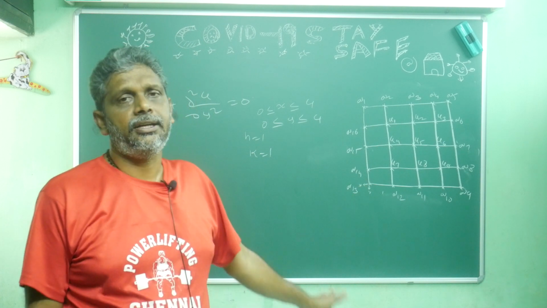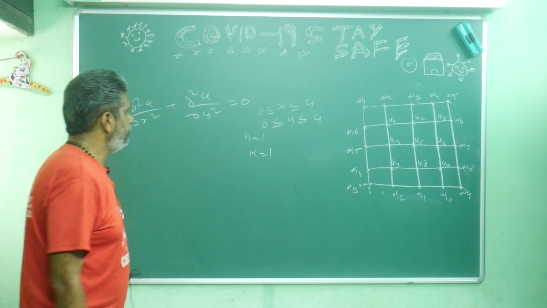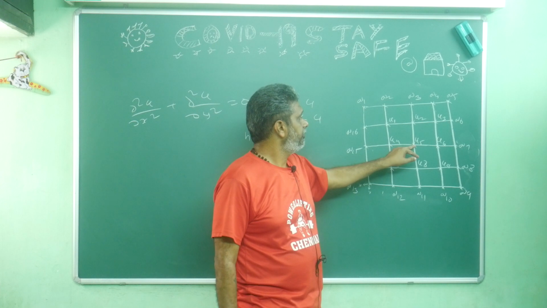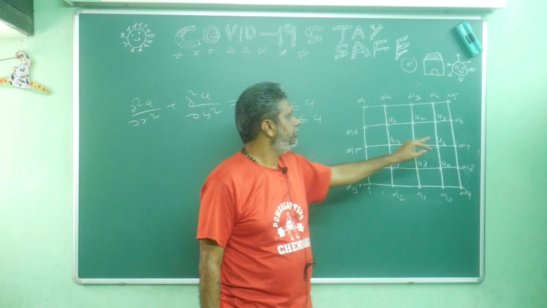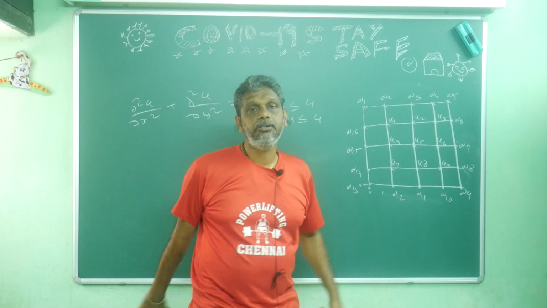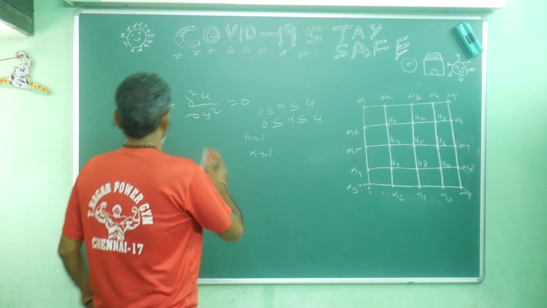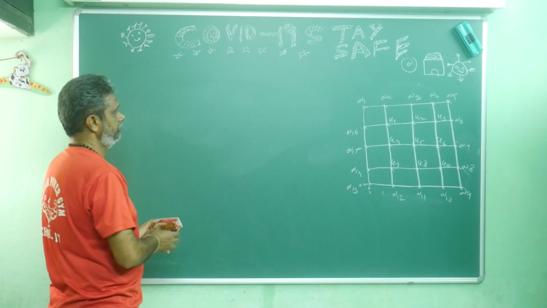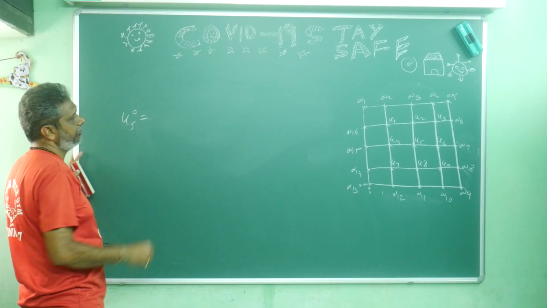For the time being, you can listen to this problem. First, you can always find U5. How will I find U5? To find U5, can I use the standard 5-point formula? Because A3 I know, A11 I know, A15 I know, A7 I know. So once I am able to find U5, my job is over. Then I can travel nicely. Now, how will we find the initial value U5?